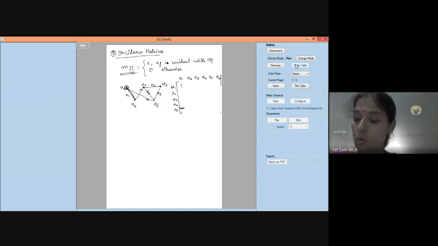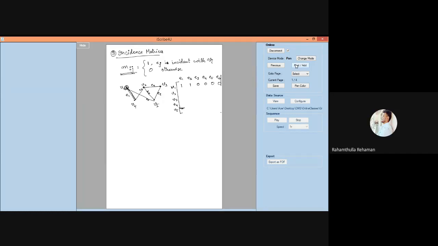Those entries you mark as 1 in the matrix. From V1 we have E1 and E2, that's all. There are no more edges from V1. So E1 is marked 1, E2 is also marked 1, and E3, E4, E5, E6 are all 0. Am I making it clear? Yes, ma'am.